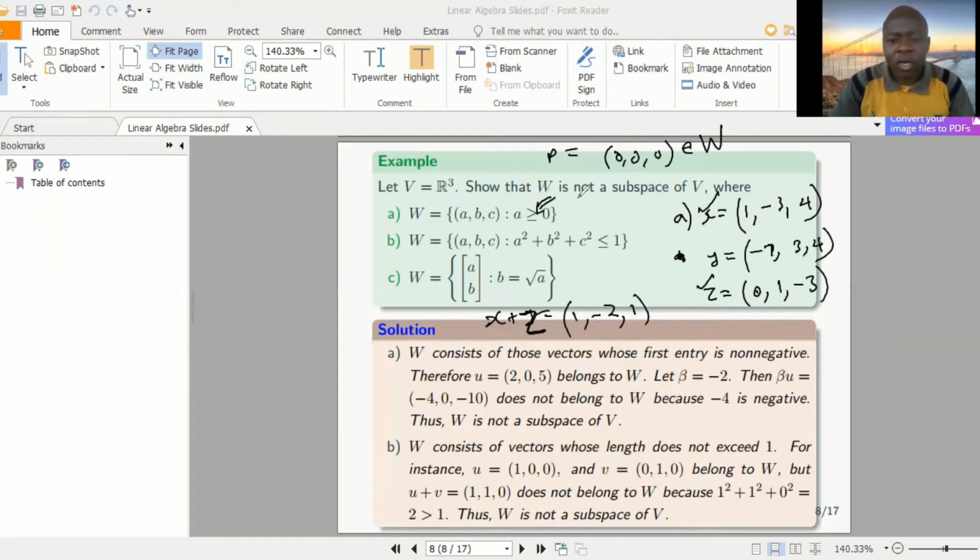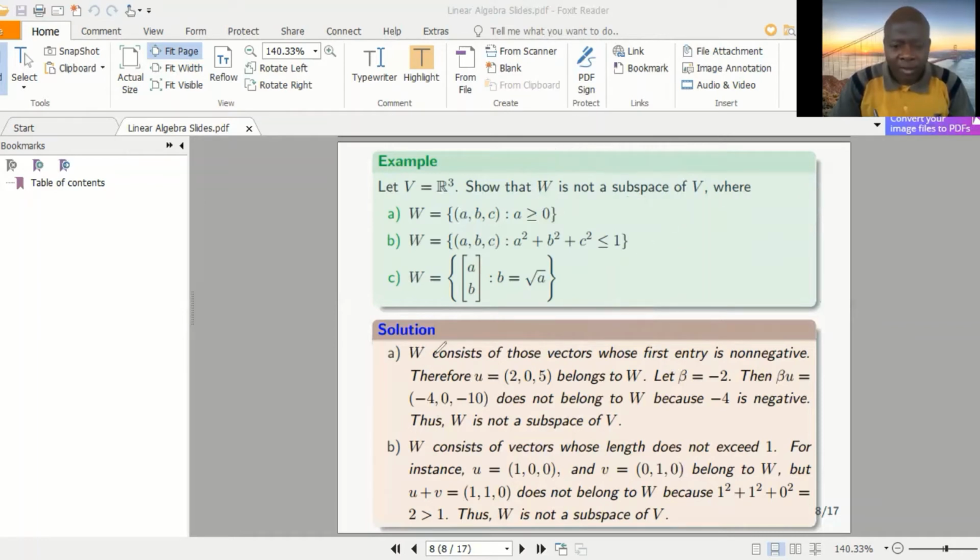But the question is to show that it is not a subspace. So I proceed and check if the other property will be satisfied. I want to check the closure under scalar multiplication. So I pick another vector now, U. I pick 2, 0, 5.